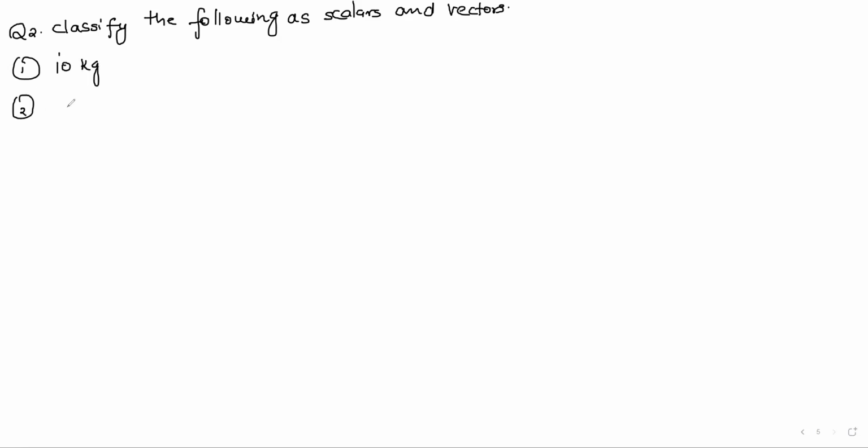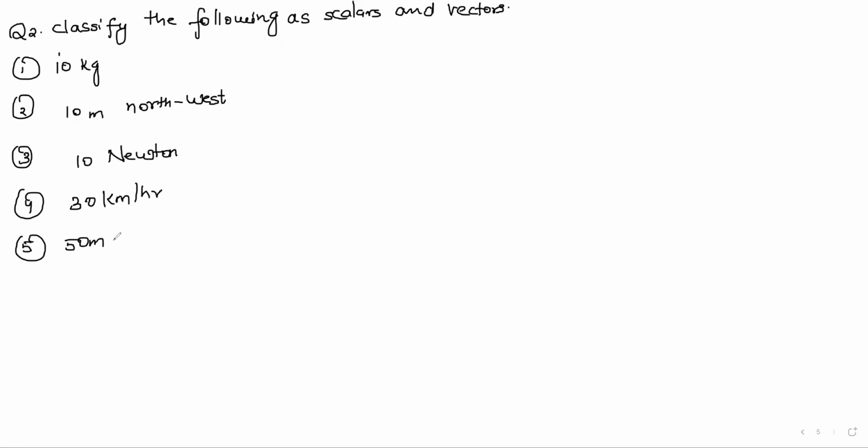Second is 10 meter northwest. Third is 10 Newton. Fourth is 30 kilometer per hour. Fifth is 50 meter per second towards north. Sixth is 10 raised to the power minus 19 coulomb.